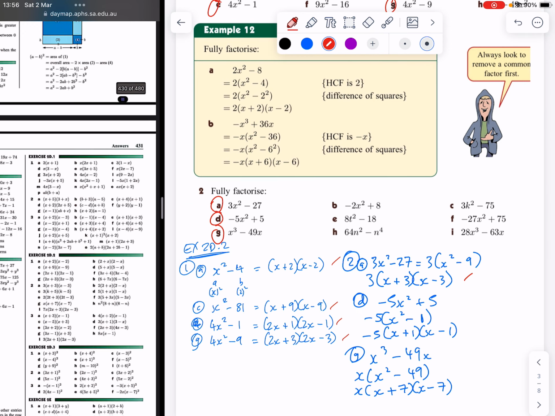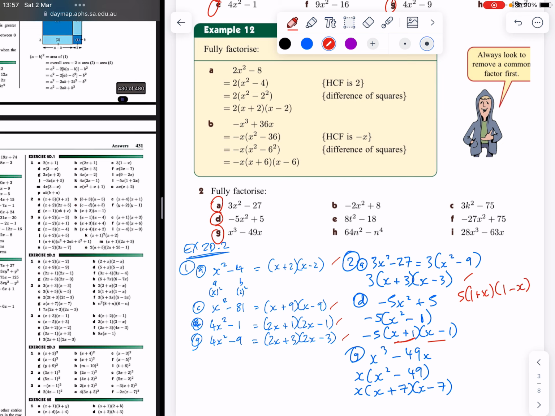Maybe 5x squared plus 5. That's weird, so another one that's off. They have 5 bracket 1 plus x, 1 take x, and I've got something different. Let's look at their answer: 5, 1 plus x, 1 take x.